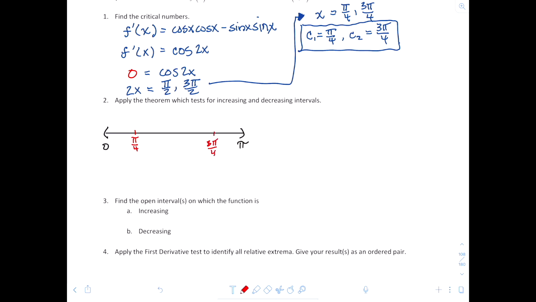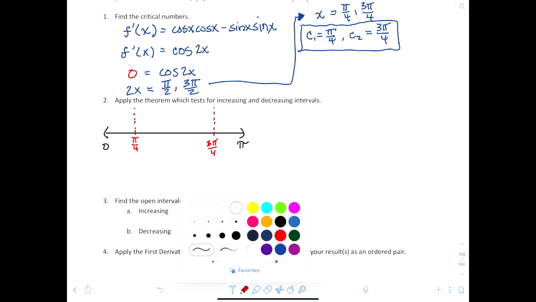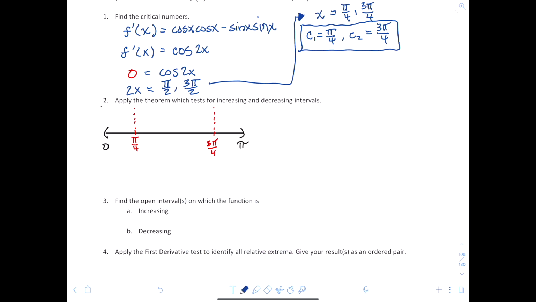We don't have any domain issues, so this is what we'll be looking at. We'll be looking at the interval from 0 to pi over 4, the open interval from pi over 4 to 3 pi over 4, and then the open interval from 3 pi over 4 to pi.